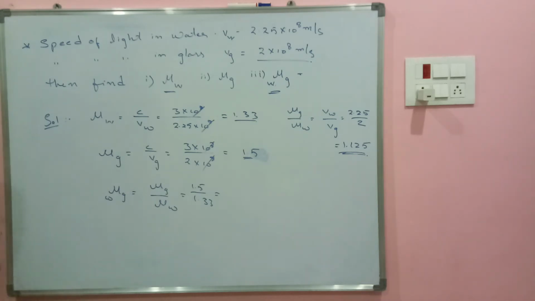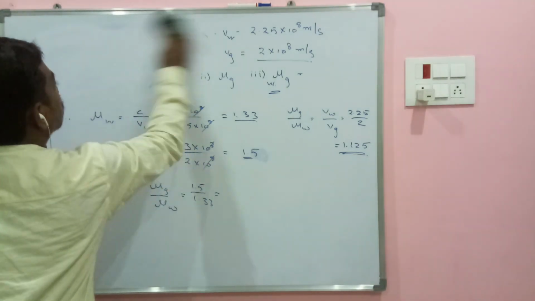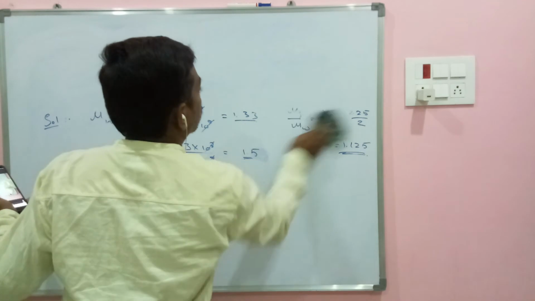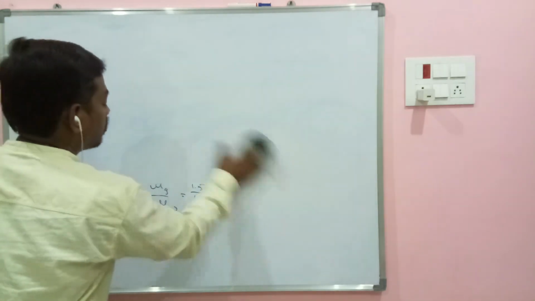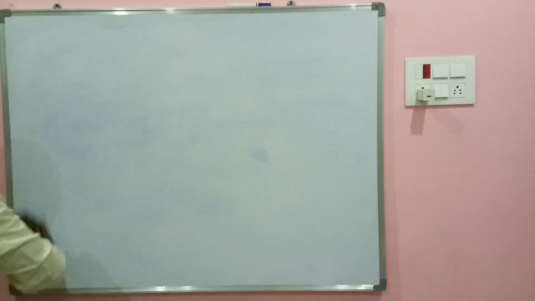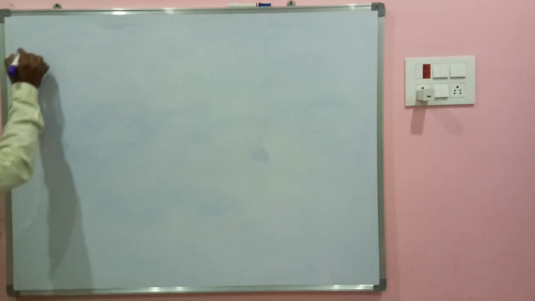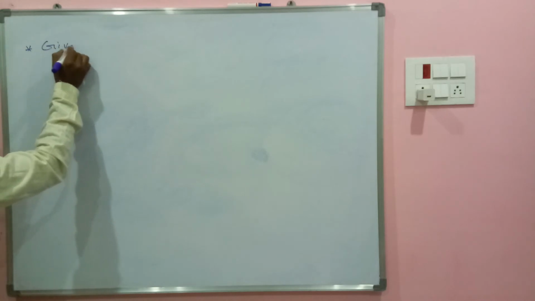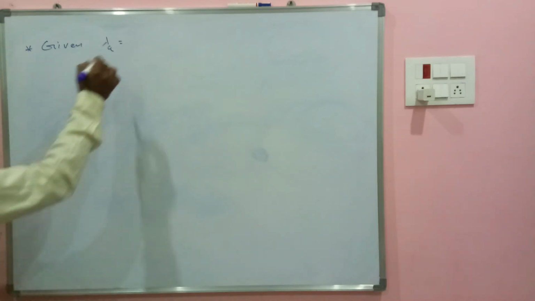So let me give you a second problem based on the same concept. Write down, given lambda A is equal to 4800 Armstrongs.